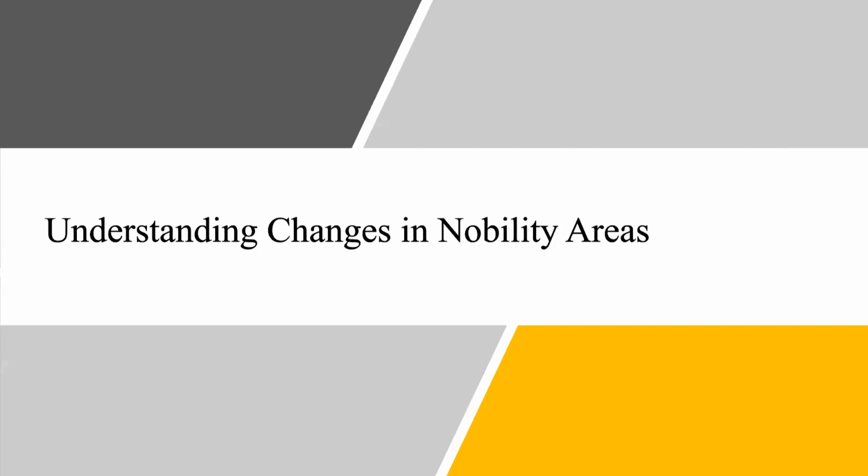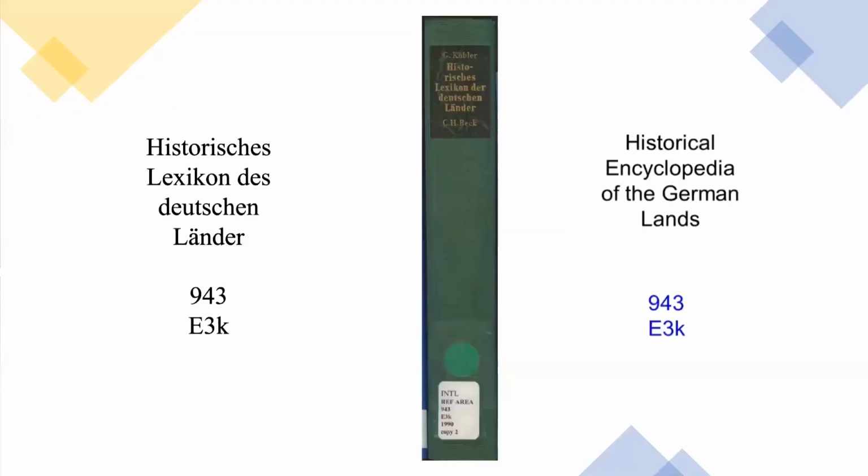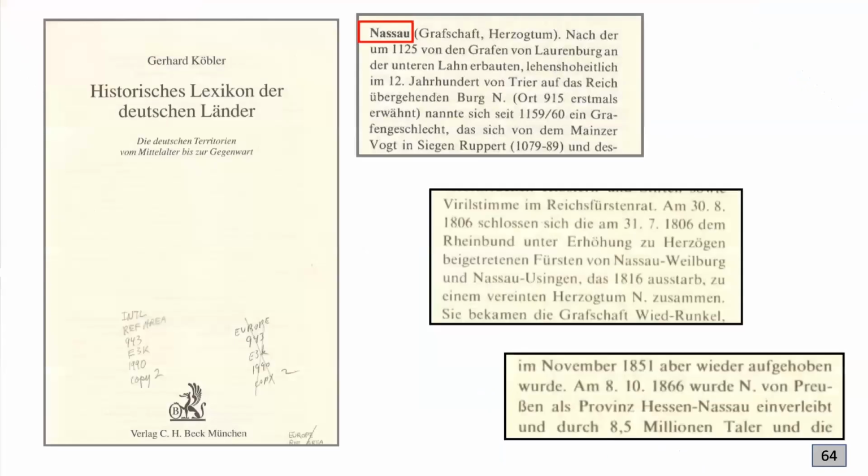Understanding changes in nobility areas. This is the Historisches Lexikon des Deutschen Länder. I talked about this reference resource in lecture number 2 on understanding German reference and research tools. Here I want to show you why understanding historical changes in nobility in provincial areas is important. This book identifies every nobility area and shows how and when it evolved.